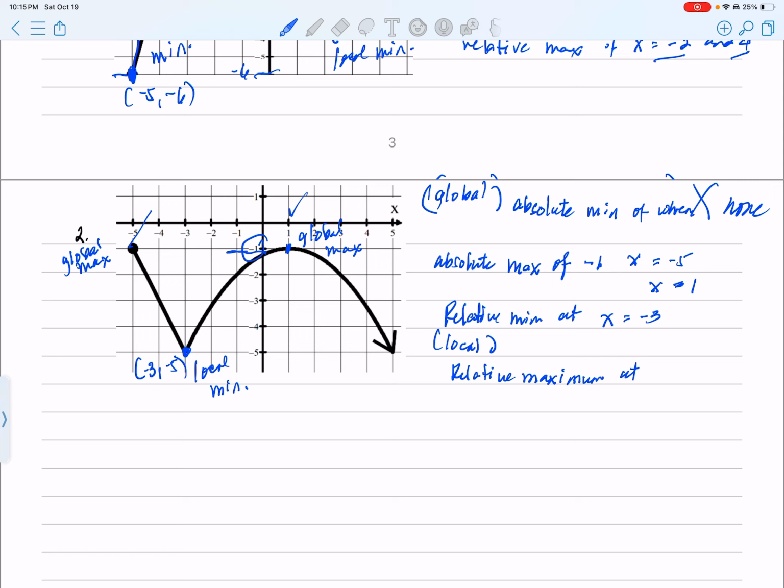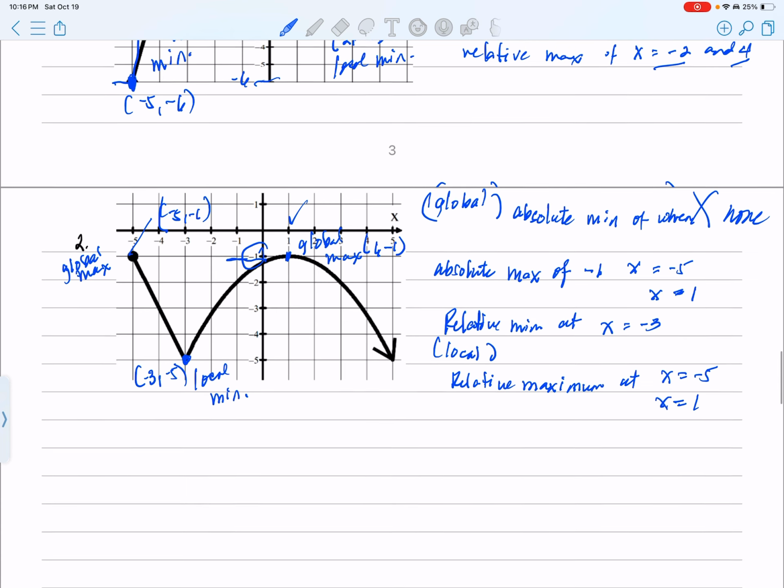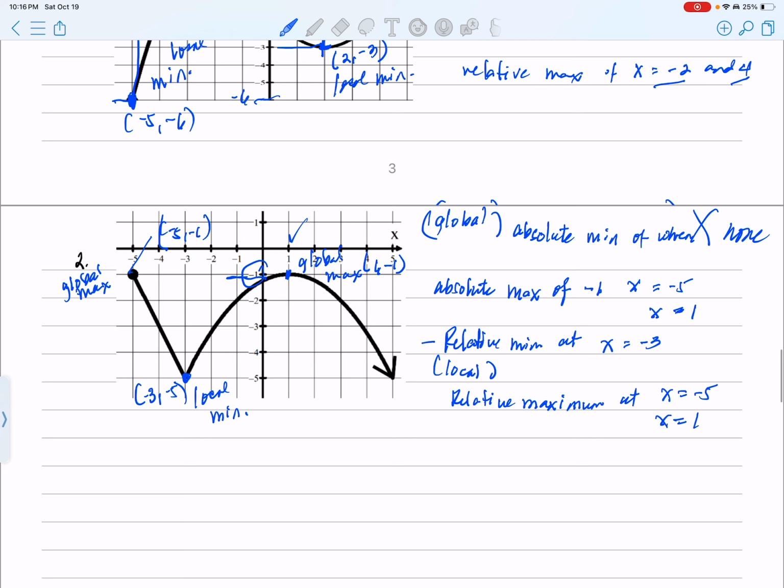Here. This point, (-5, -1), and also (1, -1). This is the relative maximum when x is negative 5 and when x equals 1. That is the location. When we say relative, that's the local minimum and maximum.